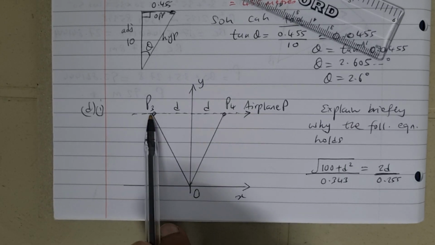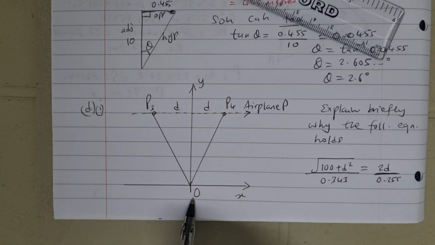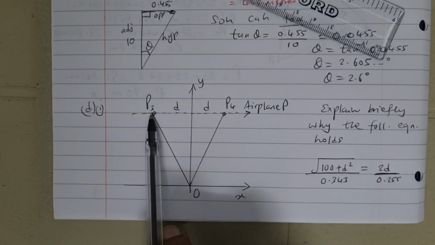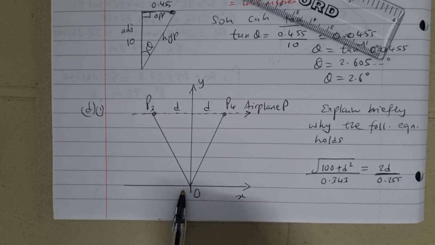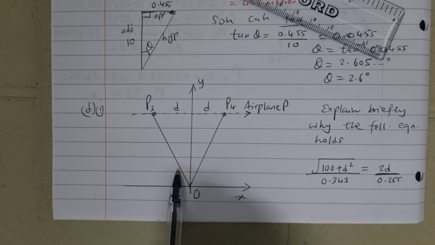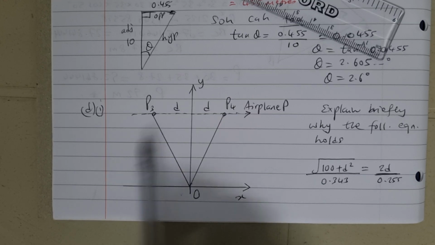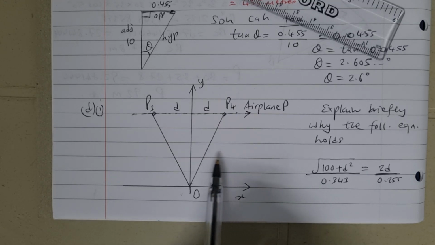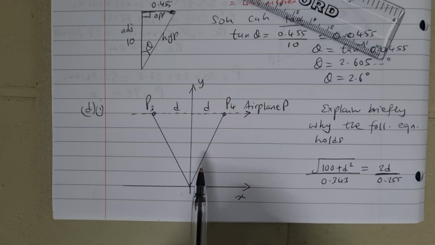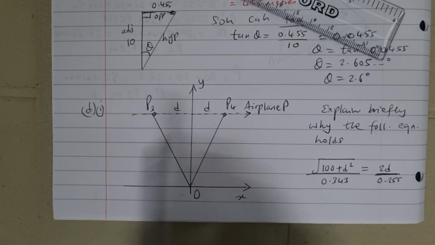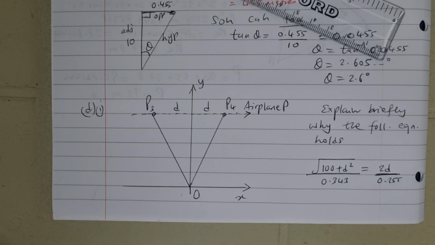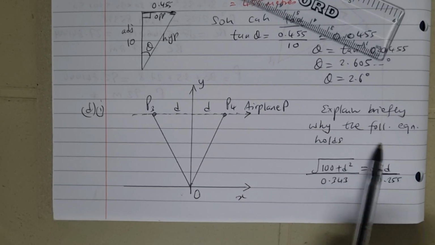So by the time the sound travels from P3 to Oscar here, the plane has already traveled from P3 to P4. So that should be the same as this, in terms of time. All right, so therefore, as shown in the diagram here, and it's not drawn to scale, P3 and P4 are both at a distance of d kilometers from the y-axis. So d kilometers here, d kilometers here. Now we need to explain briefly why the following equation holds.